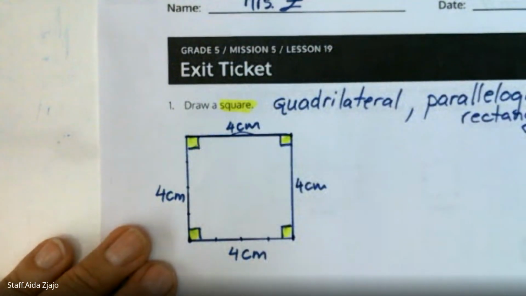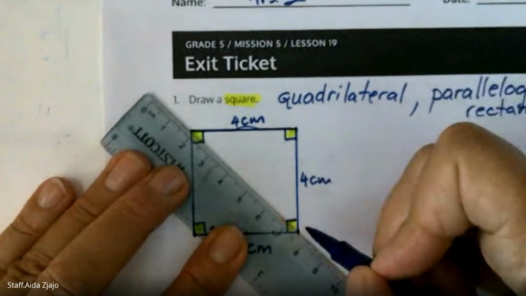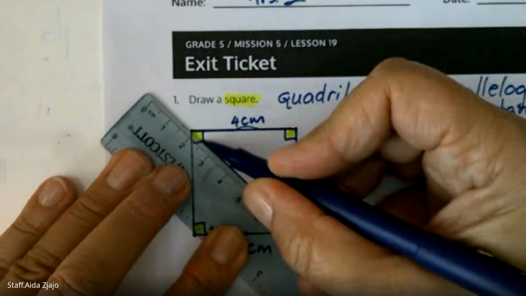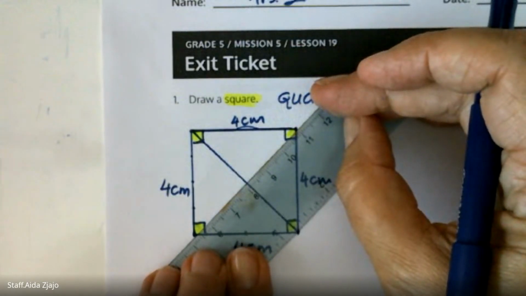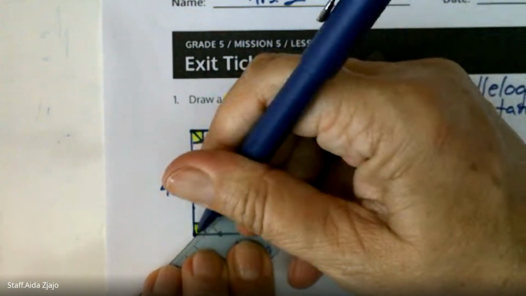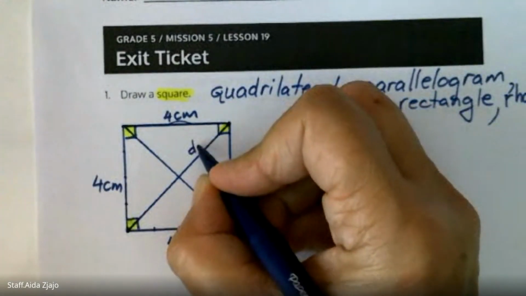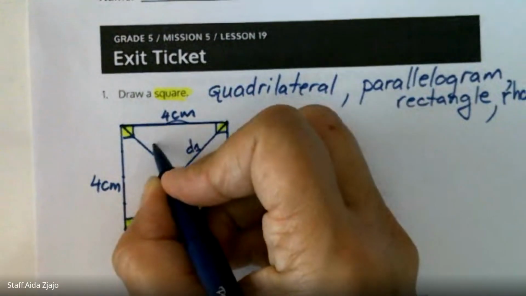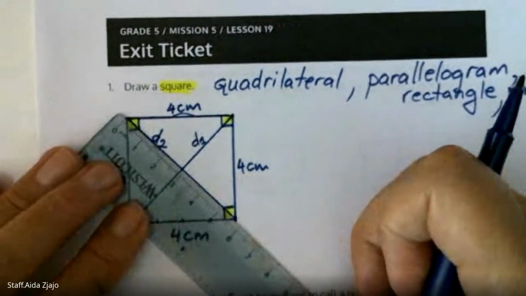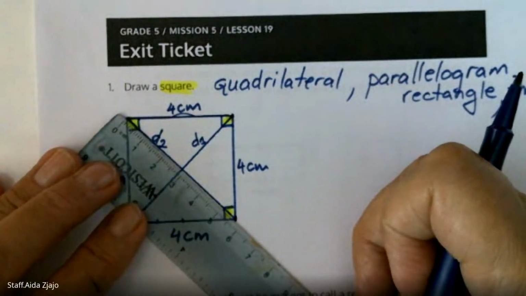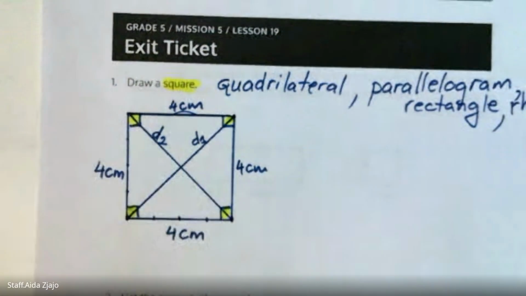Now, also, if you think about diagonals, they are congruent because this is congruent to this. So D1 is congruent to D2. If this is D1 and this is D2, they're congruent. I can measure them and I will tell you. So this is about 5.7 centimeters.